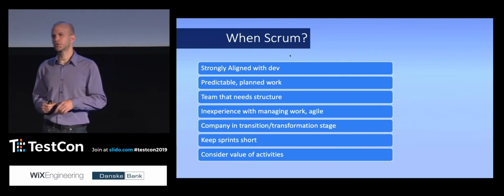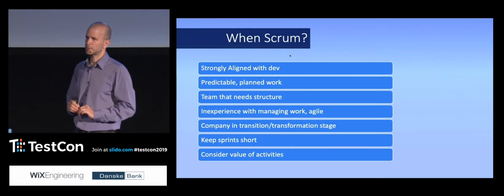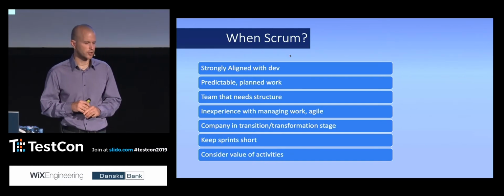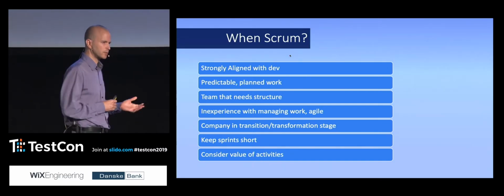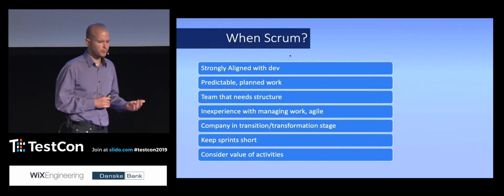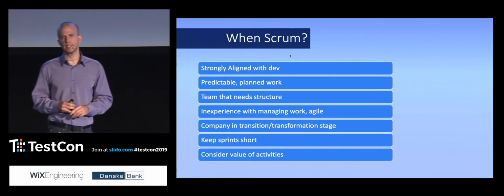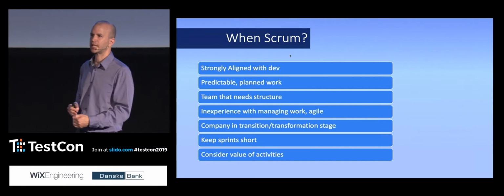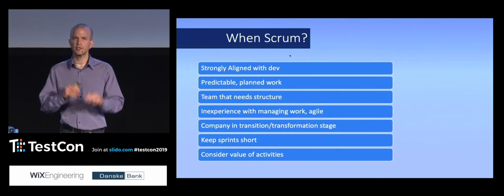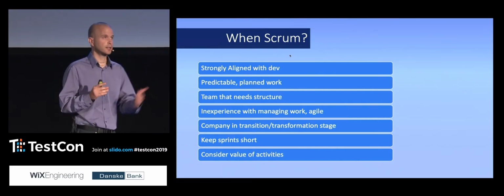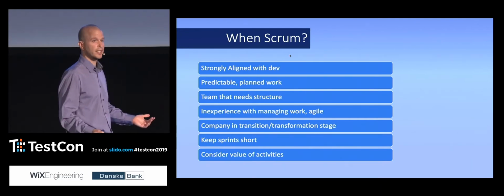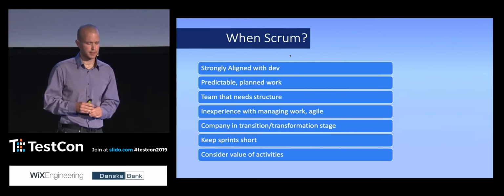So when should you do Scrum? Now, this is not for development. I'm only talking about performance engineering. When is Scrum applicable? It's when your performance engineering team is strongly aligned with a development team that's doing Scrum. So if you're in an enterprise-wide engineering team, this may not be the case.